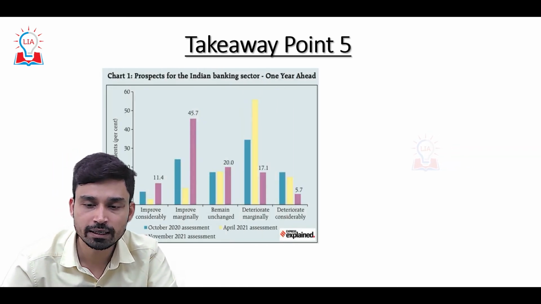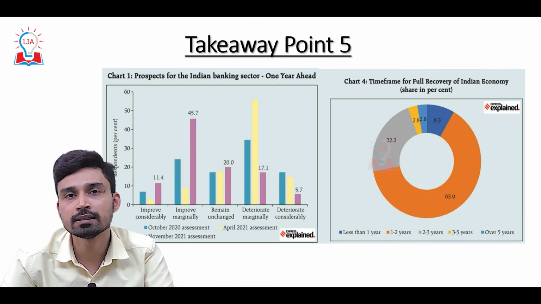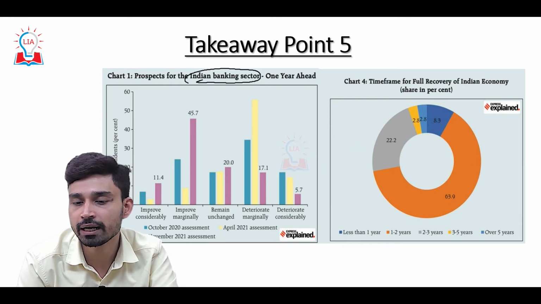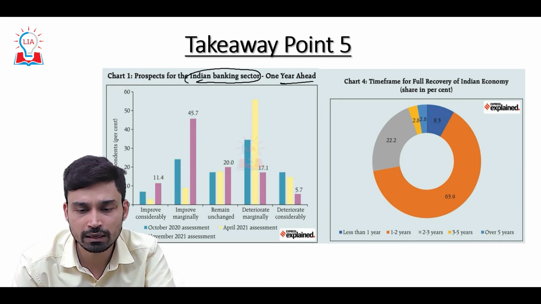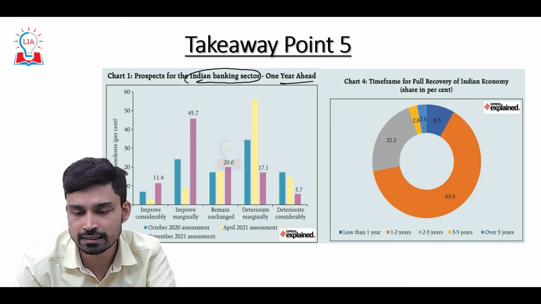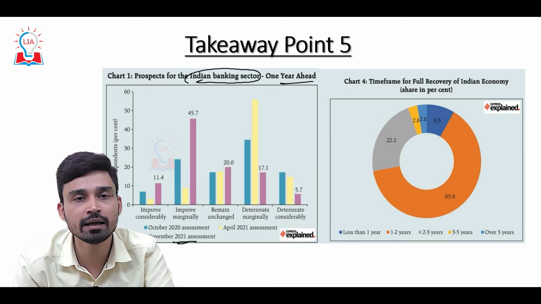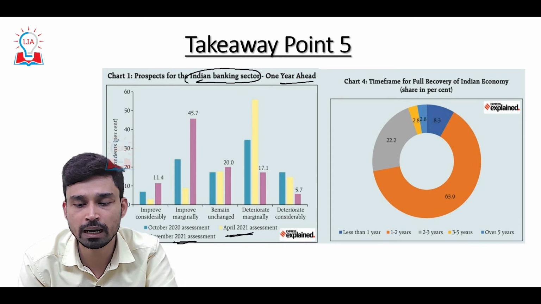The last point is about what we are seeing in terms of prospects. The survey was conducted among different respondent groups, on how they view the prospects for the Indian banking sector 1 year ahead from now. Here we see slightly encouraging prospects. If you look at this graph, the violet line shows the assessment done in November 2021, and the yellow shows the assessment done in April 2021.